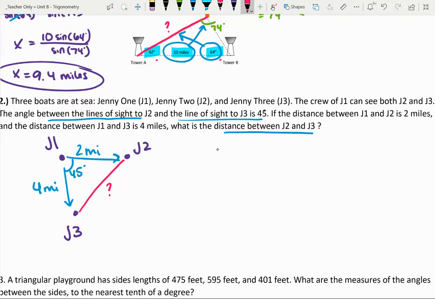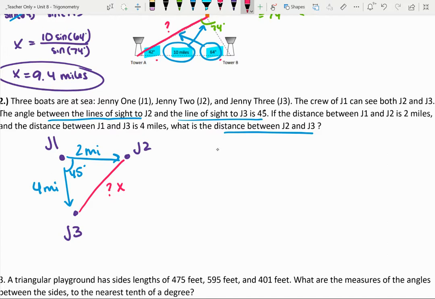So now that we see that we're missing this side length between Jenny 3 and Jenny 2, we are given 2 sides and an angle between them. If we're given 2 sides and an angle between them, we need to use the law of cosines.